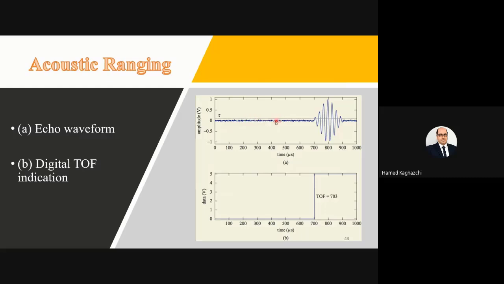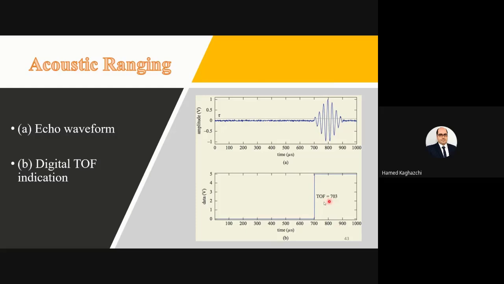Then a reflection is produced. The reflection is produced when the acoustic pulse encounters an object. So this echo is detected. This sonar echo waveform is applied to a threshold tau. Now, the time at which the echo amplitude first exceeded the threshold is defined as the time of flight, TOF.